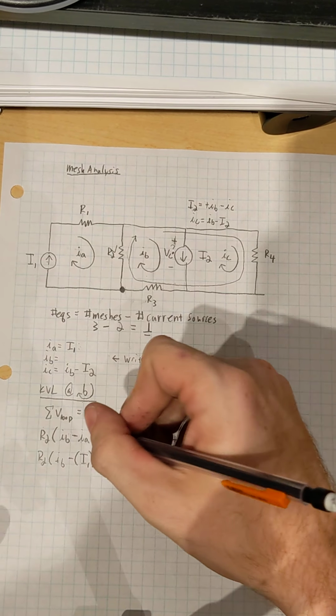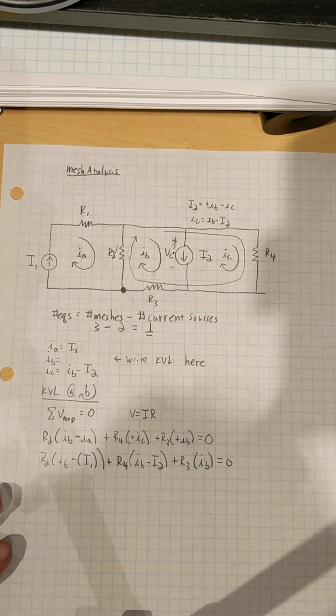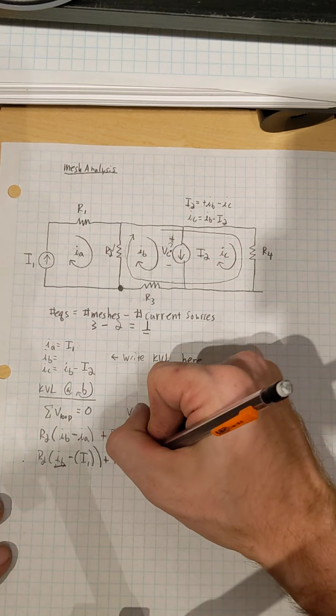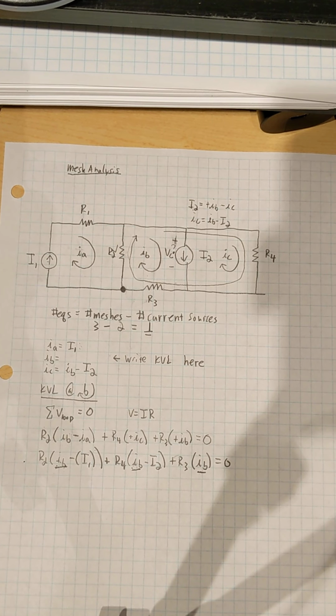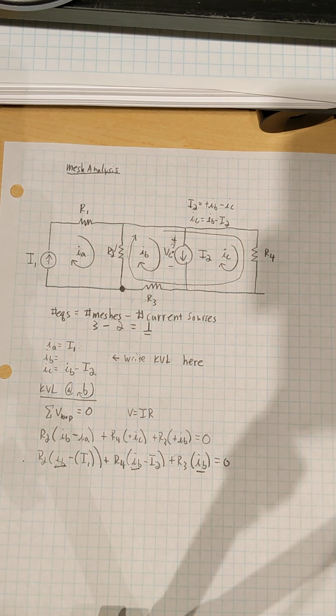And now we have the equation just in terms of IB. So we only need one equation to solve. And I think you can do the rest on your own to solve for the current IB.